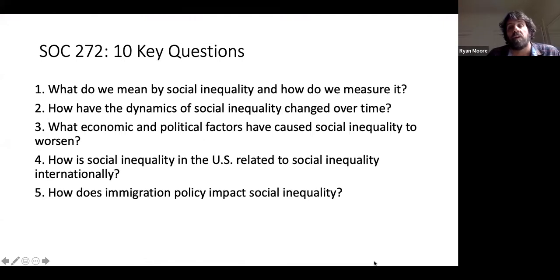So we start off with basically a series of questions. I like to format the class as a puzzle or an investigation. We'll begin with a lot of statistics and charts and graphs that look at the landscape of social inequality as it currently exists.